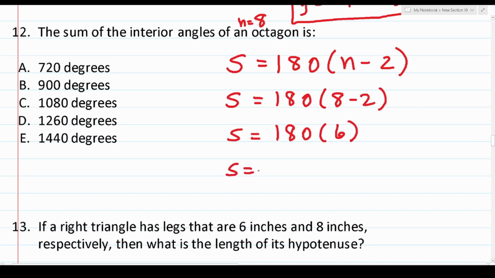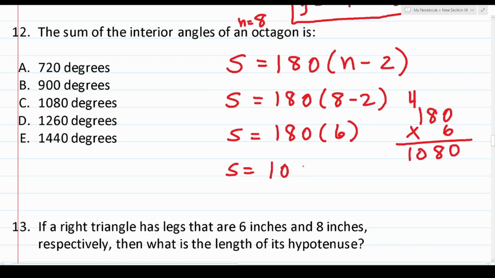And I'm going to work this one off to the side so I don't make any silly math mistakes. This is 180 times 6. 0 times 6 is 0. 8 times 6 is 48, so we're going to drop down an 8 and carry a 4. 1 times 6 is 6 plus 4 is 10.